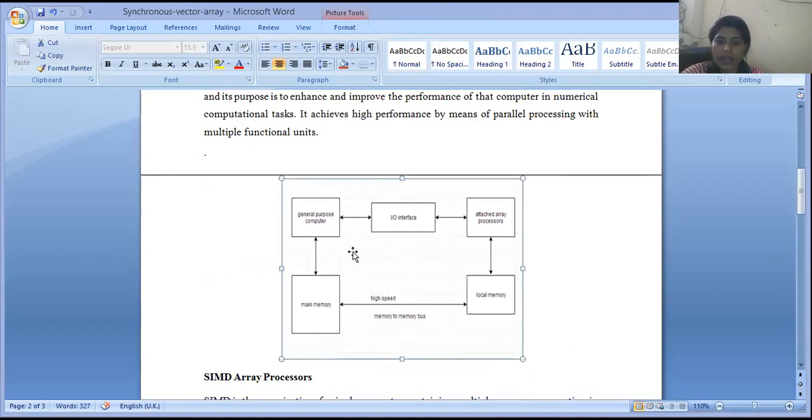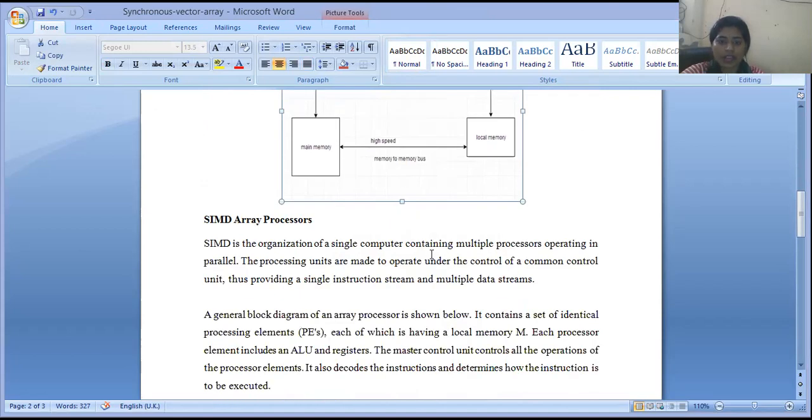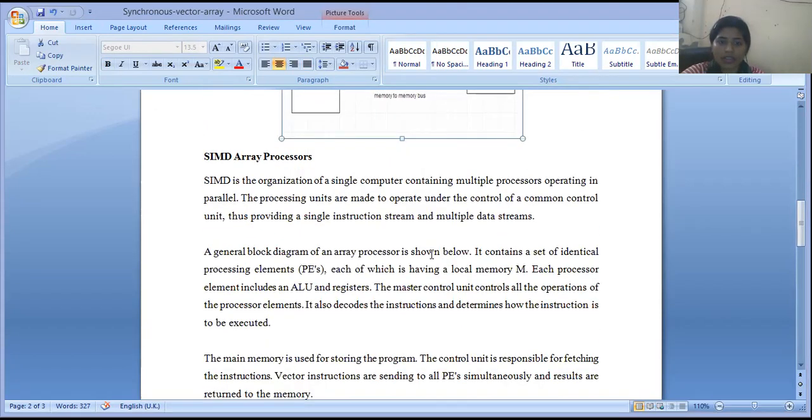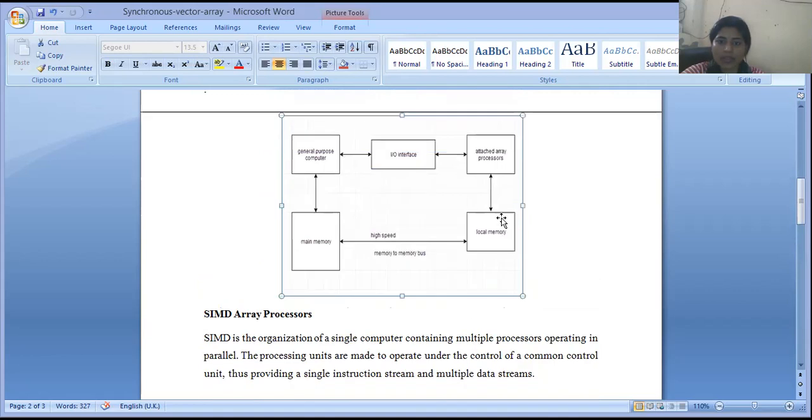But the PE will be multiple, P1, P2, P3, that is PEs, the processing elements used here. All PEs are connected to the general purpose computer or control unit and the main memory.